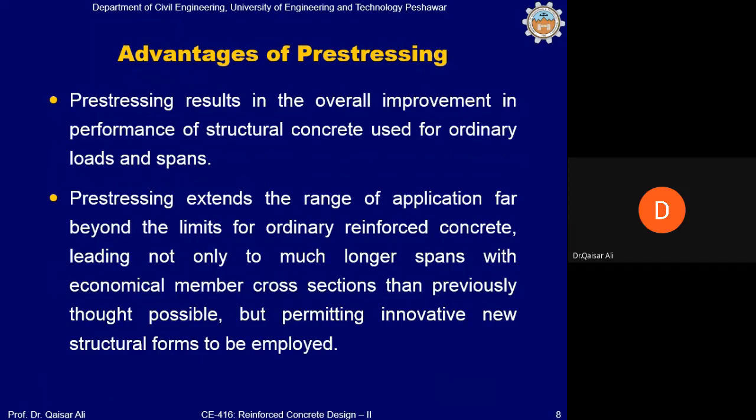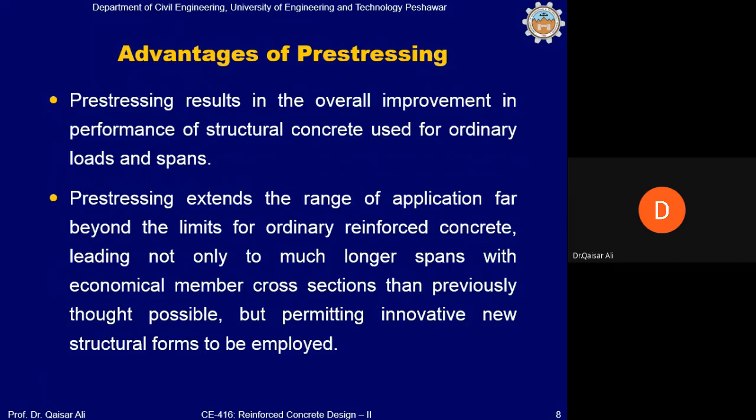And prestressing results in the overall improvement in performance of structural concrete used for ordinary loads and spans, because one of the major problems in reinforced concrete is that when the span is very long, then you will have to use much deeper members, and this may make the reinforced concrete members uneconomical, very heavy members, even very heavy to take its own load.